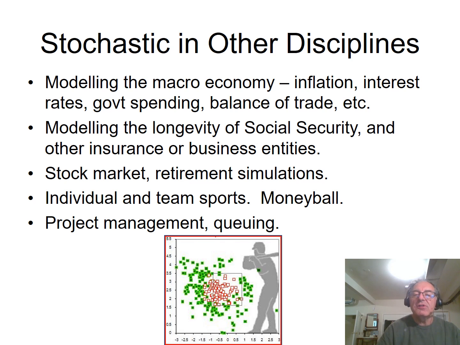stochastic simulation is used in other than math subjects. Anyone who models the macroeconomy may do that with simulation, where various variables such as inflation, interest rates, and so on, you can simulate each of these variables separately and in combination to see the effect on the macroeconomy.